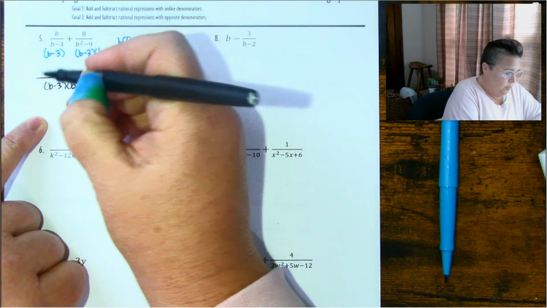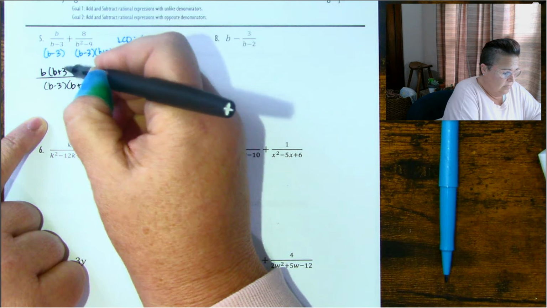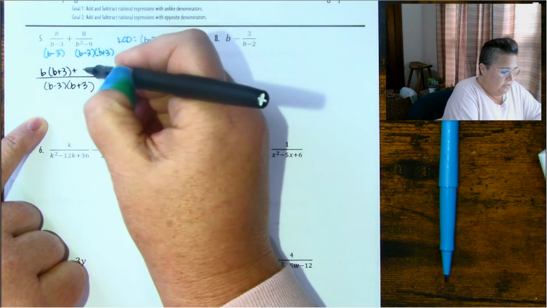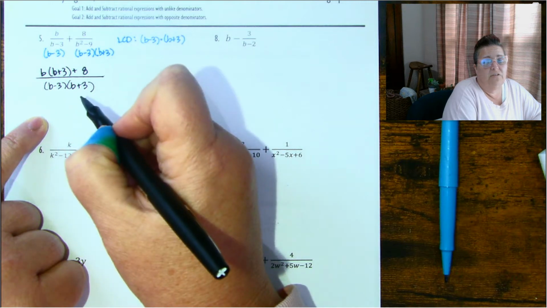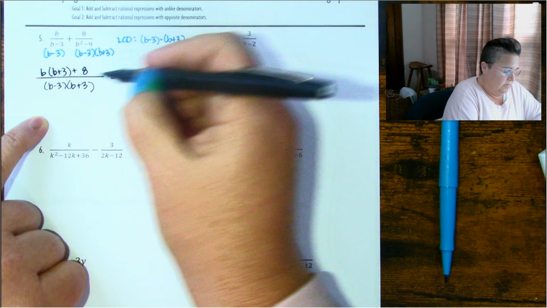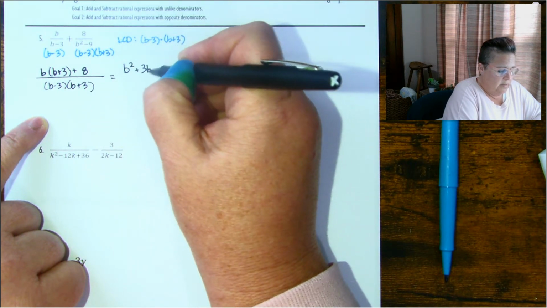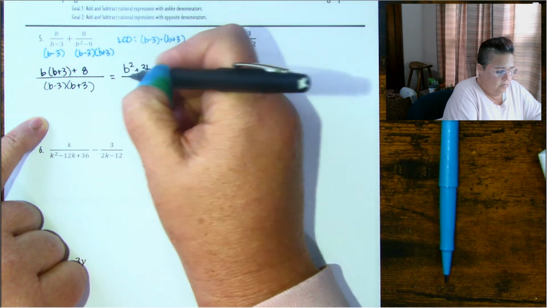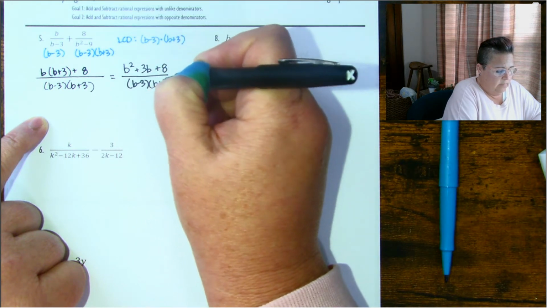My first numerator is the b. It is missing the b plus 3. My second numerator is the 8, and it was already over the denominator needed, so I don't need to multiply by anything more. Simplifying my numerator, I have b squared plus 3b plus 8 over b minus 3, b plus 3.